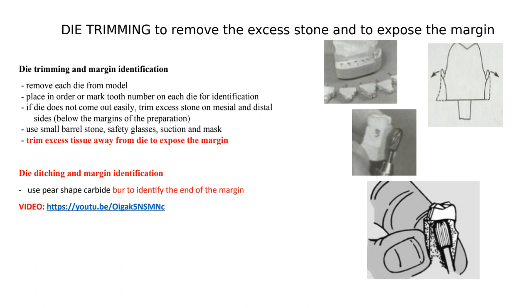You can use the link on that video to see how the trimming and ditching is done. But very important, when we do the trimming, go at low speed. If necessary, use a smaller burr, and make sure you don't chip the margin, because you have to start all over again with pouring up the impression and doing all the model work.